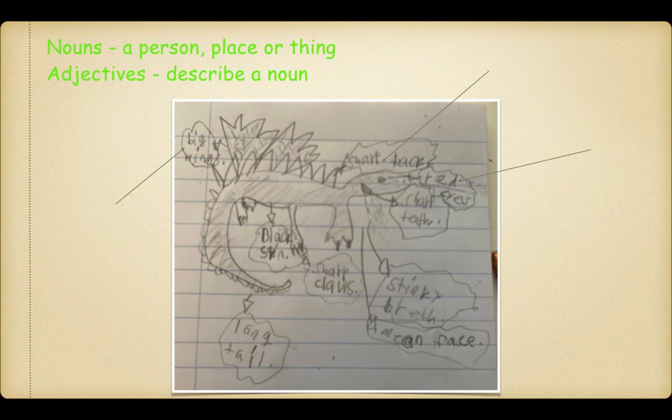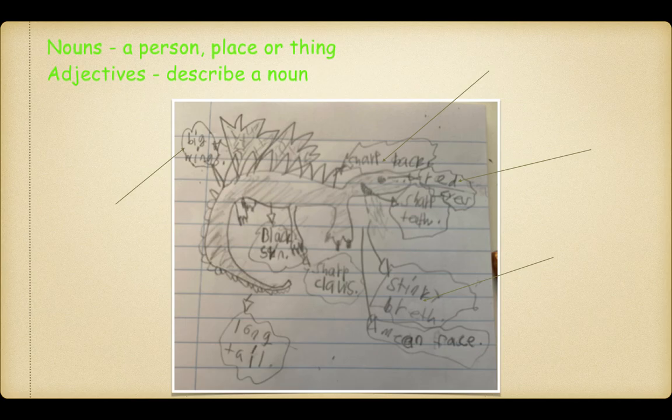What else did she have? She had red eyes. Eyes happened to be a noun because it's a name of a thing, and red describes the colour of the eyes. And of course we've got here, which I think is really, really good, stinky breath.